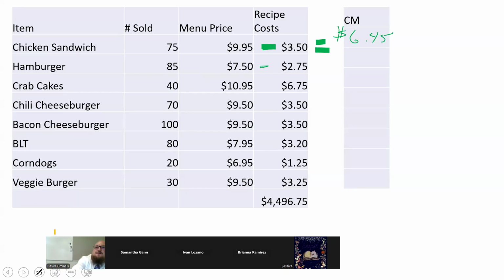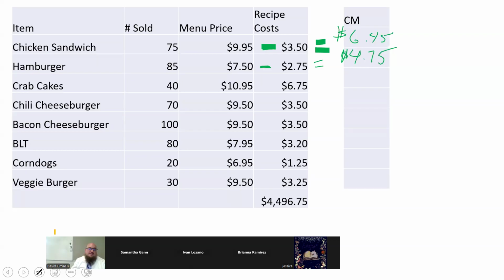I take my menu price, I subtract the recipe costs, and that gives me my contribution margin. So I subtract $2.75 from $7.50, and what's left over is that $4.75. And that's what contributes to my non-food costs and my profit.